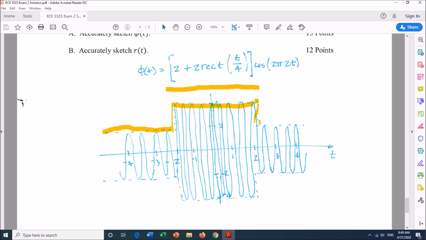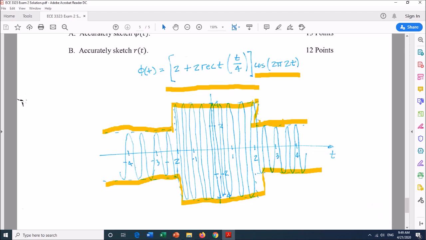So that gives us this part of the envelope, and when we sketch the signal, we then mirror image that, so we'll get the envelope that looks like that, and then the cosine with a frequency of 2 fits inside that envelope. So this is the sketch I'm looking for.